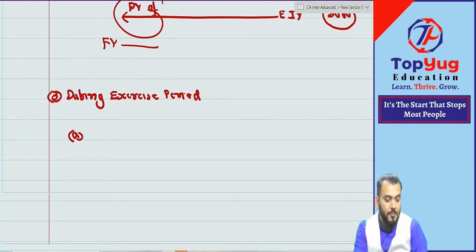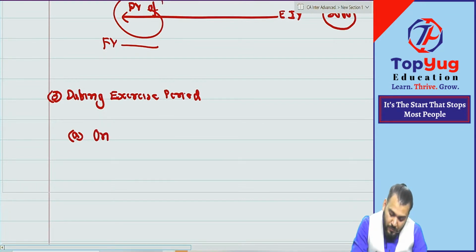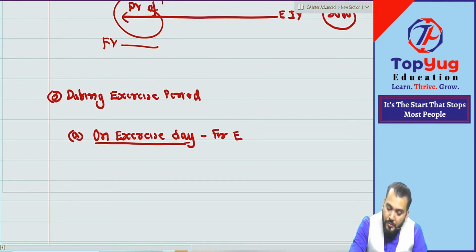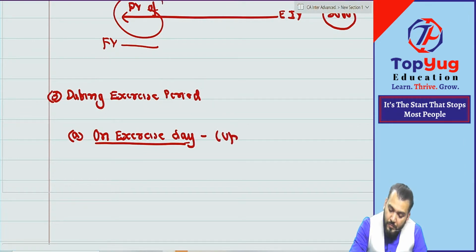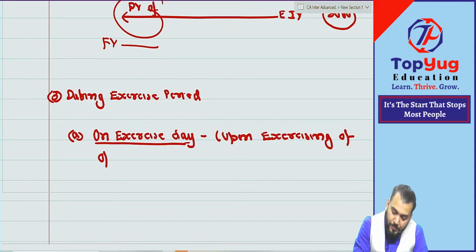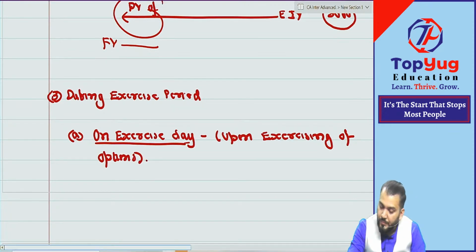Point number A: on exercise day, upon exercising of options by employees.